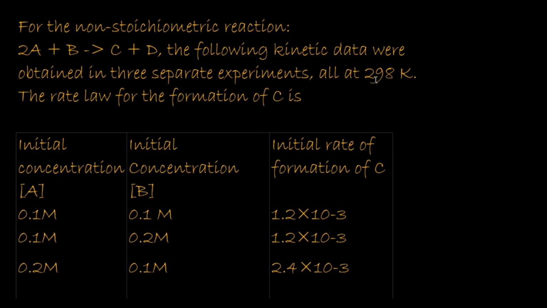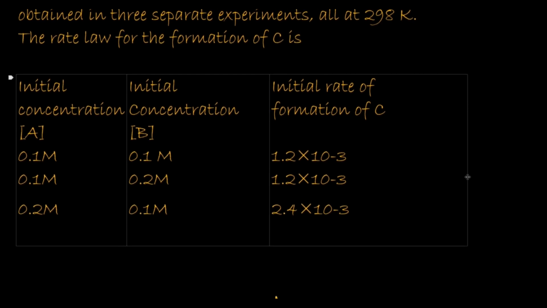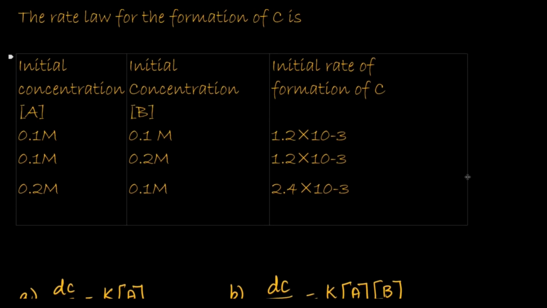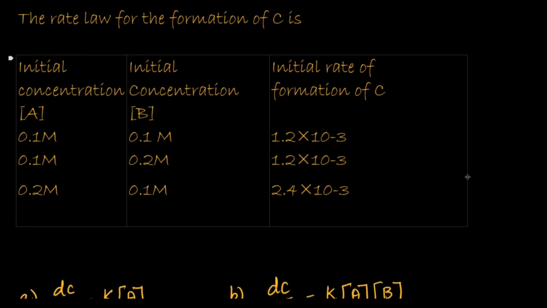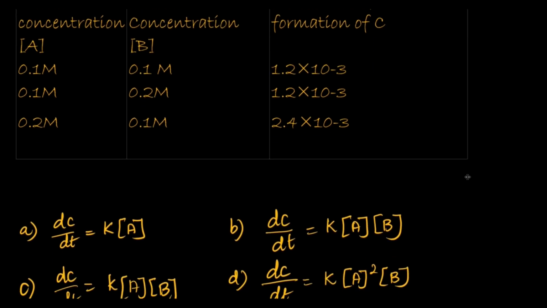Then the second question. For the non-stoichiometric reaction 2A plus B gives C plus D, the following kinetic data were obtained in 3 separate experiments, all at 298 Kelvin. The rate law for the formation of C is the question. The initial concentrations are given.